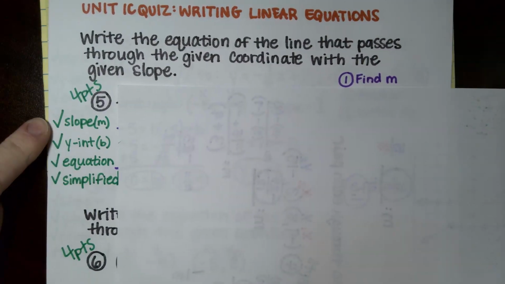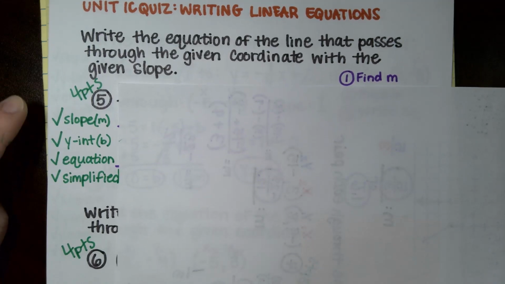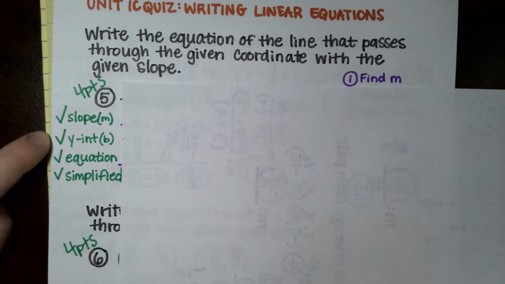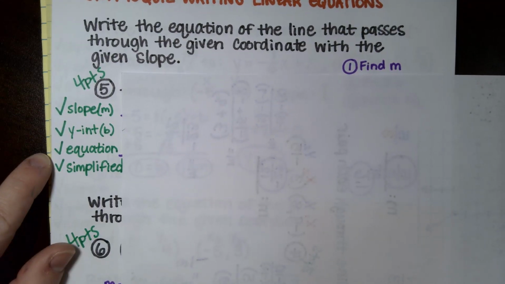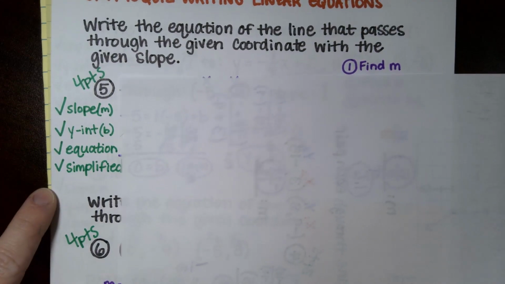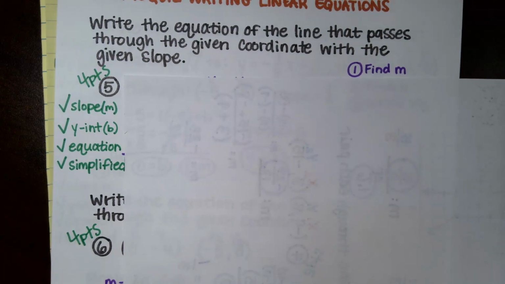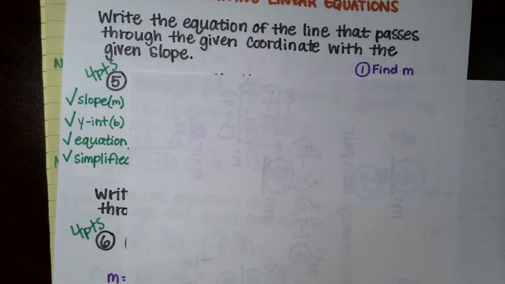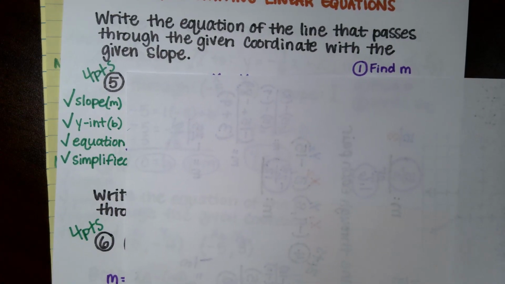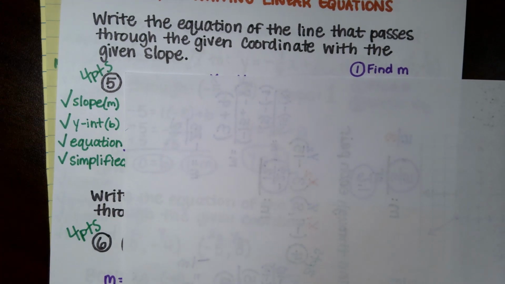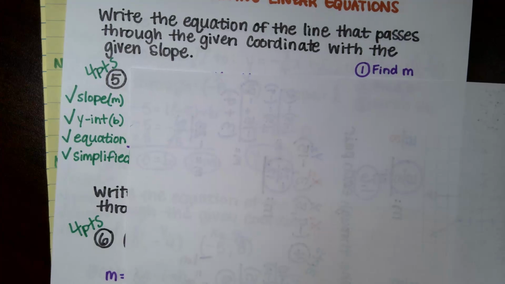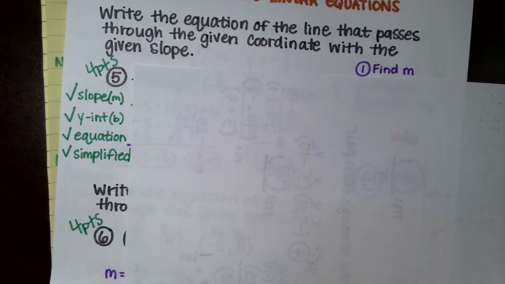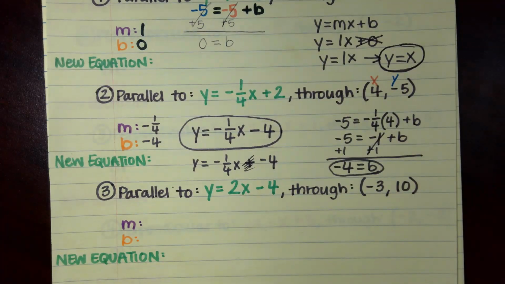I'm going to look to see that you got your slope right, that you got your y-intercept, or your b, right, that you wrote the equation, and that it's all simplified. So I don't want to see any plus negative. I only want to see minus if that's what you get. Or for your slope, if you get something like 10/5, that would need to be simplified to 2. Does that make sense, everybody? Okay, good. So just so you know, that is what I'm looking for this time around.